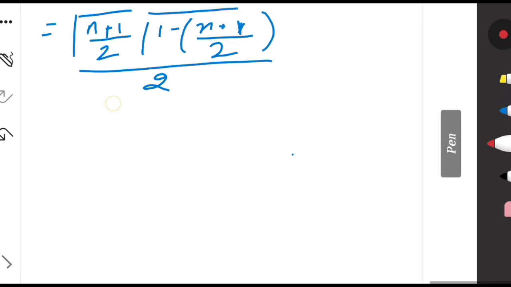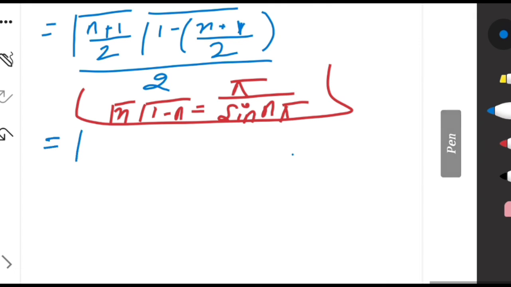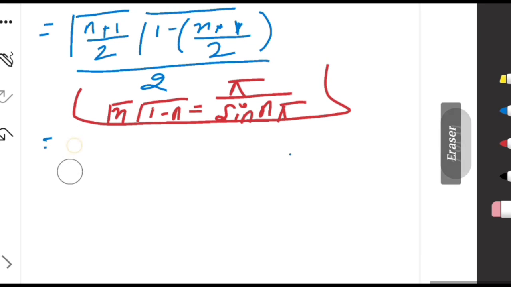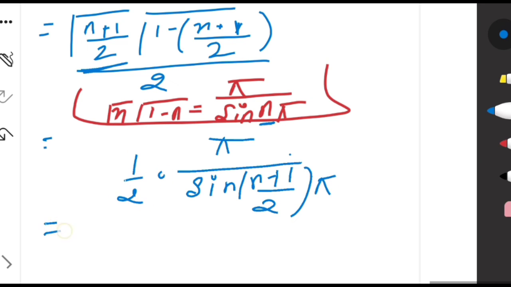Now I'm using the formula that gamma n times gamma 1 minus n is equal to pi by sine n pi. First of all let me write pi and sine. Instead of n, here it is (n plus 1) by 2.